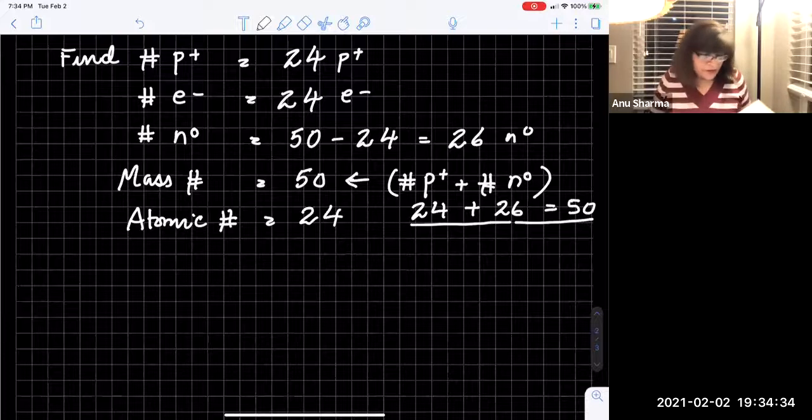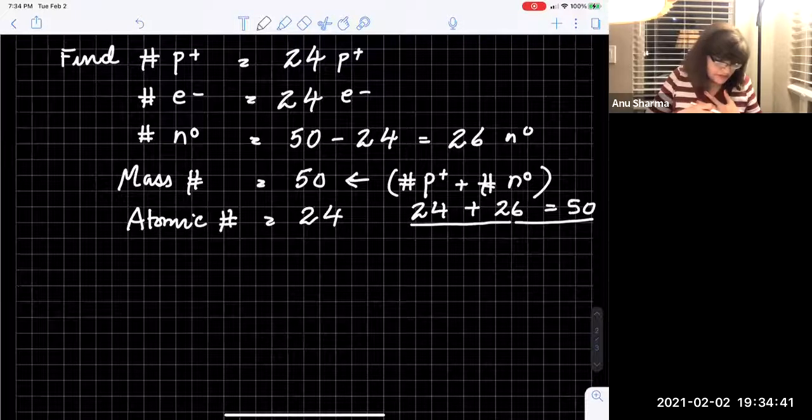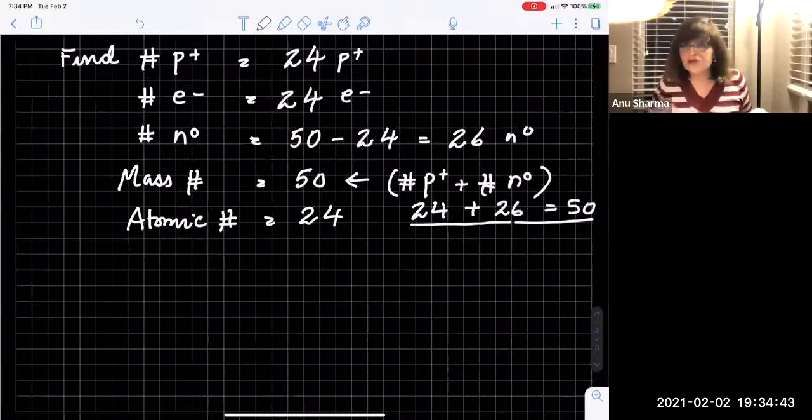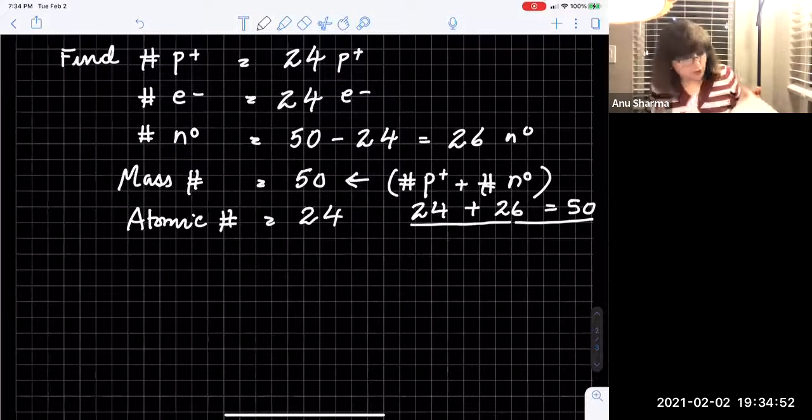Then if you look in the periodic table, you're going to see that there is a decimal. Chromium is 51.9961 atomic mass units. Every periodic table has a difference.